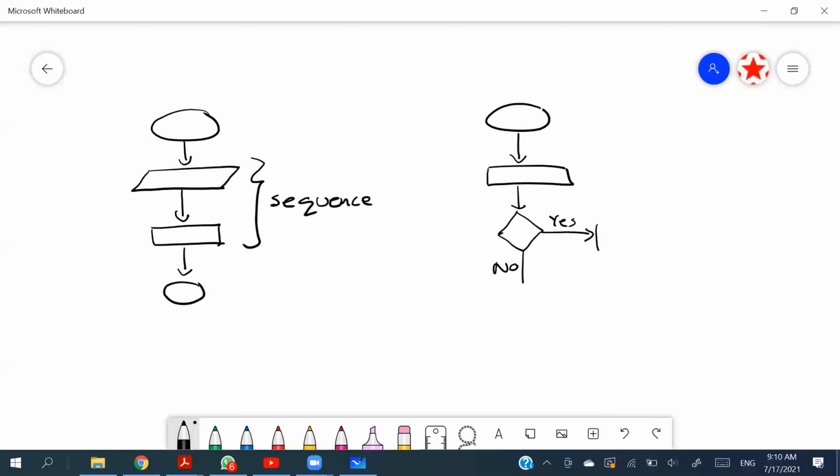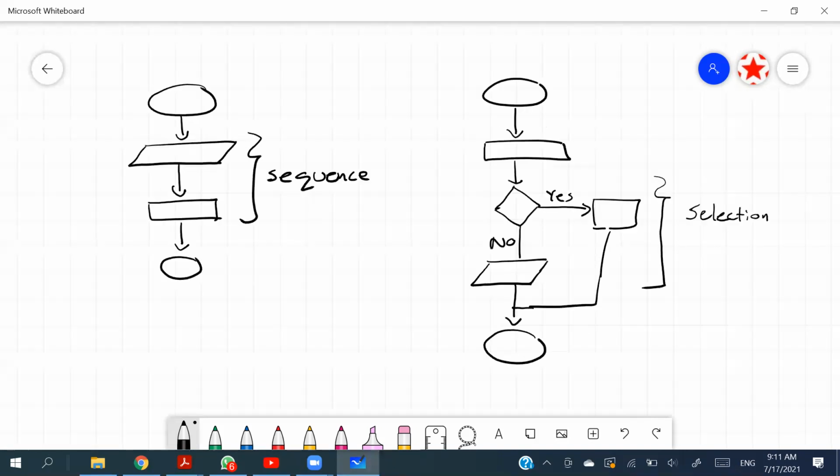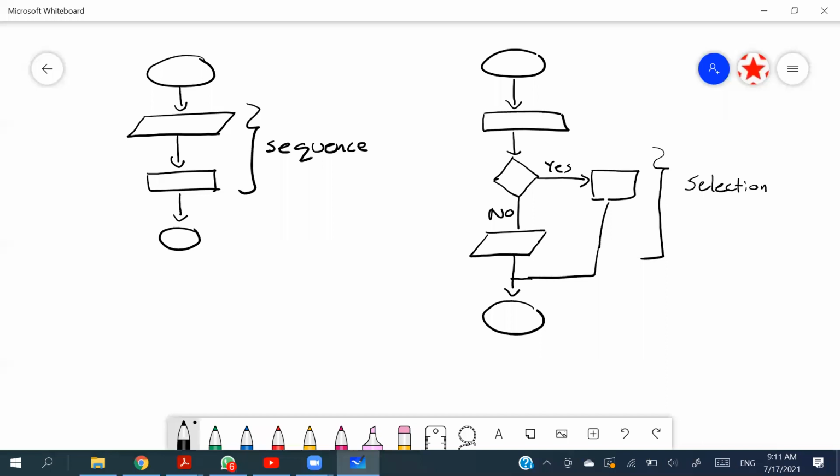Right? So you can say this is the selection, right? So the same way you can indicate the iteration, right?